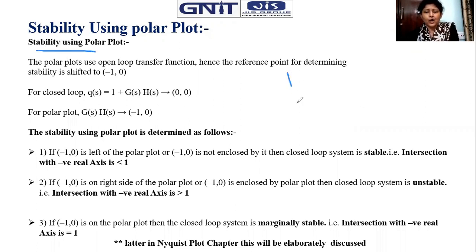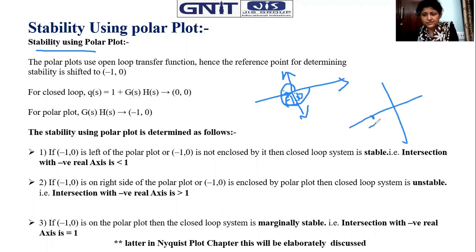While I am coming to that concept, you just have to note whenever the plot is crossing the real axis. If it is not including minus 1 j0, what is minus 1 j0? It is a point on the S-plane.